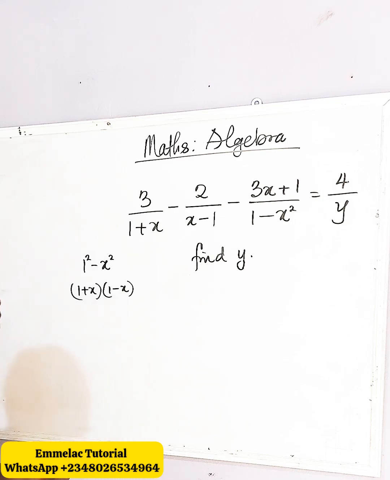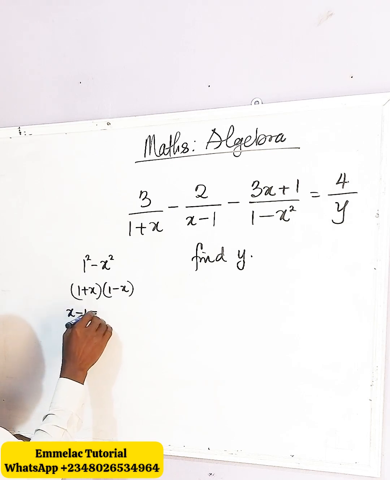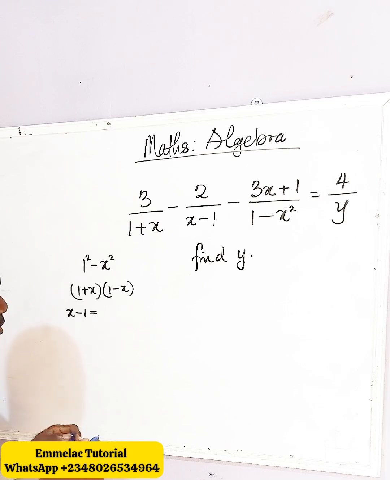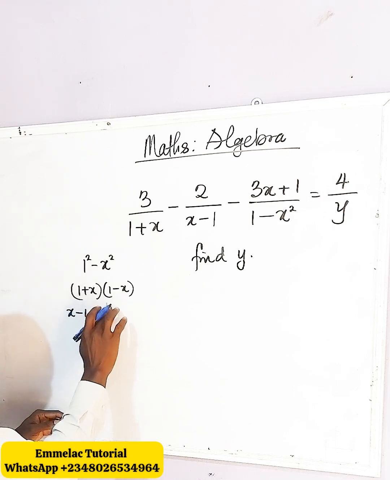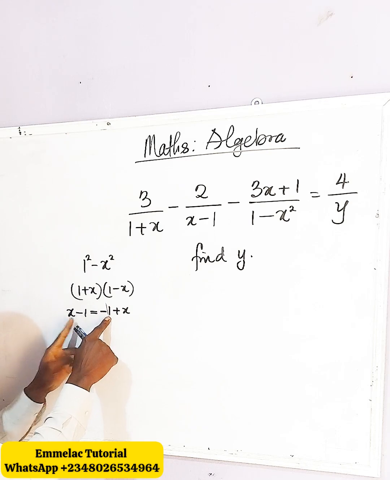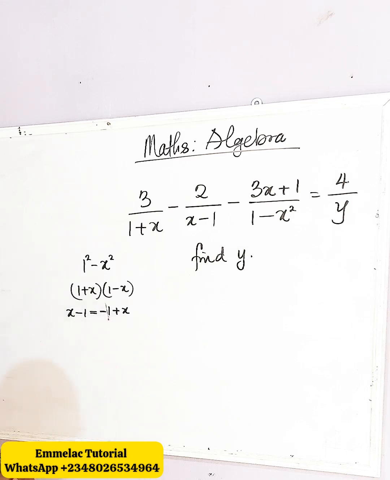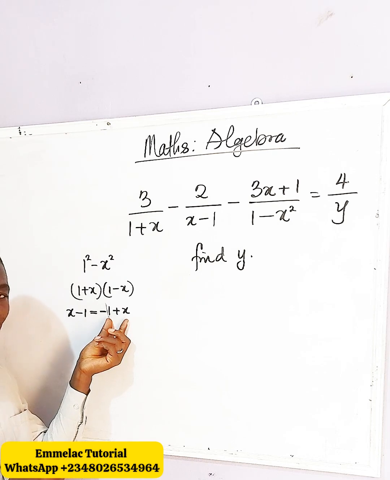Yes. Now let's come here. x minus 1 can also be written as minus 1 plus x. Because this is minus 1, and your x here is the same thing as plus x, now we can factor out negative 1.